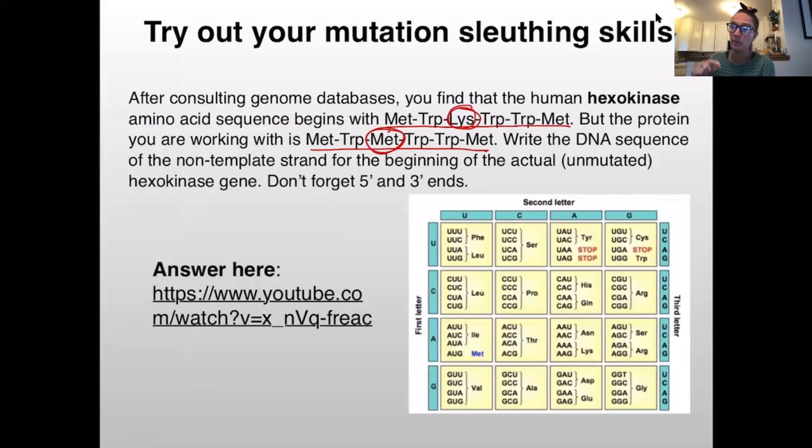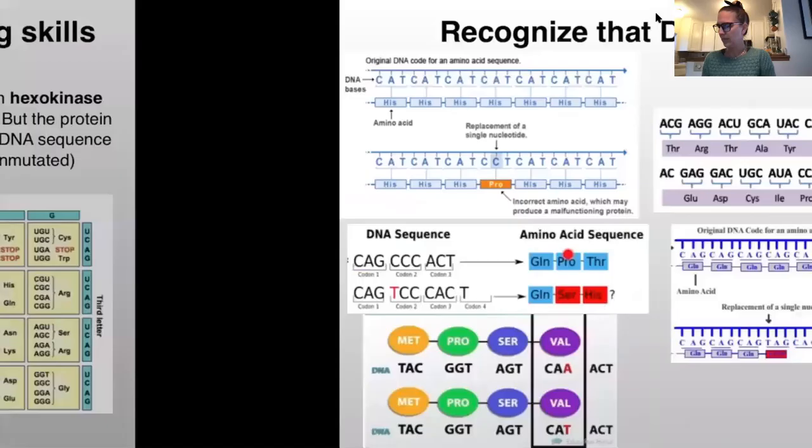There's some sort of change in the protein sequence. So your job will be to write the DNA sequence of the non-template strand for the beginning of the actual non-mutated hexokinase. All right, so you are going to have to figure out what the DNA sequence was based on that. Don't forget to include your 5 to 3' ends. There is an answer here online.